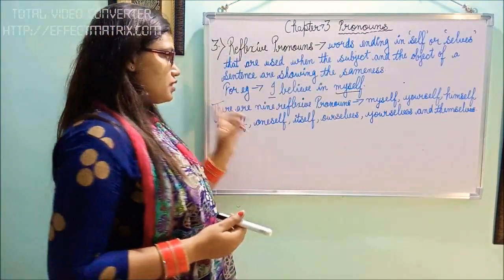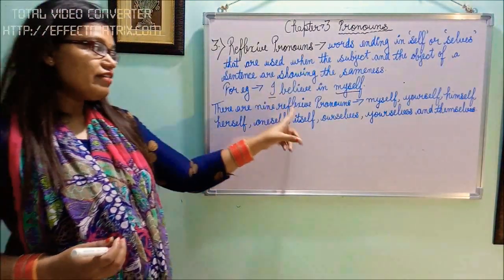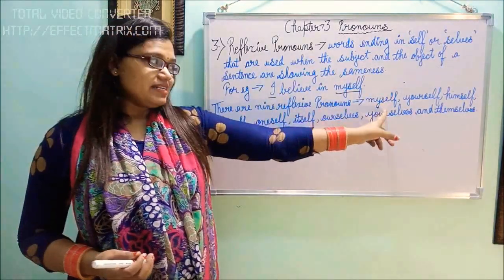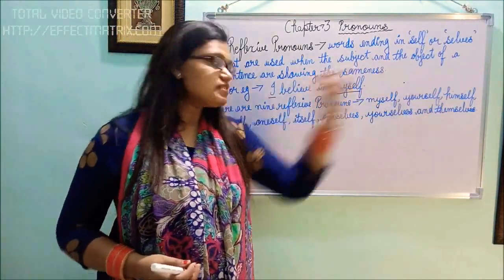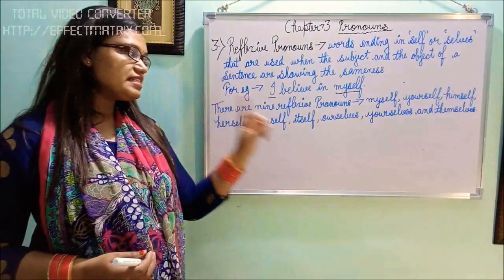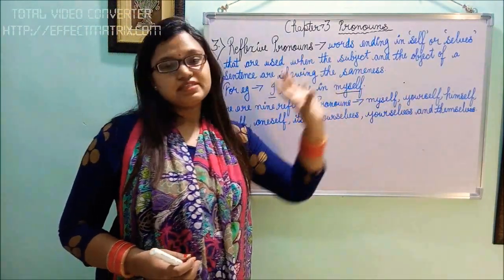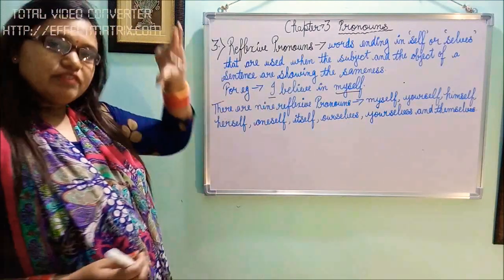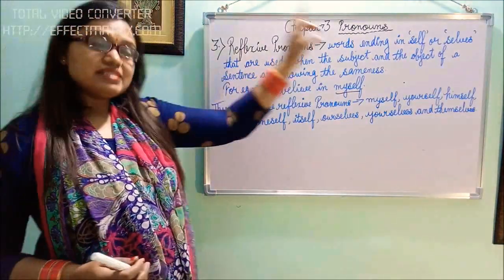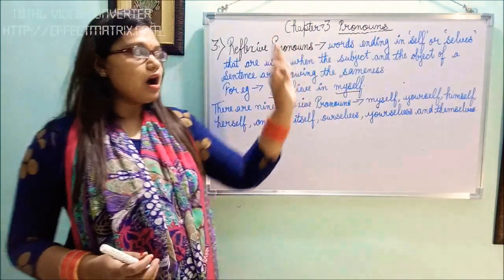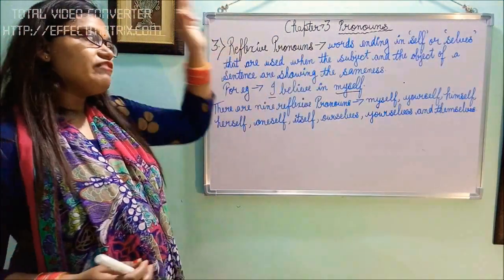Understand? Now see here, there are 9 reflexive pronouns: myself, yourself, himself, herself, oneself, itself, ourselves, yourselves, and themselves. So students, the words ending with self or selves are called reflexive pronouns.